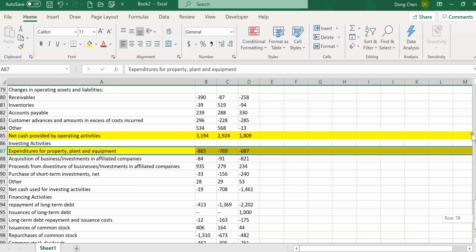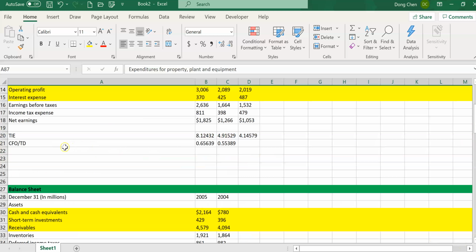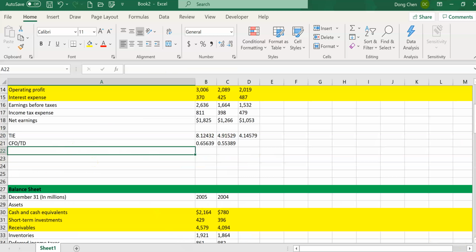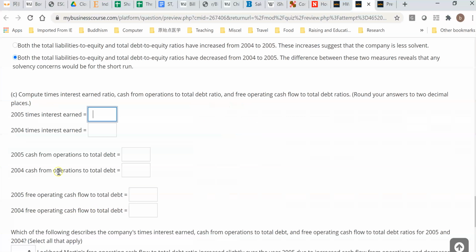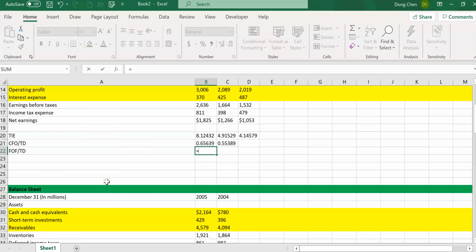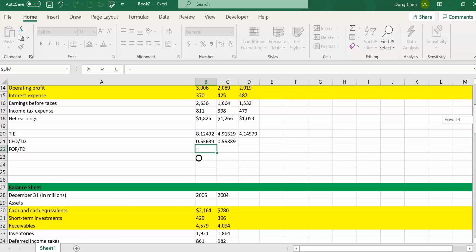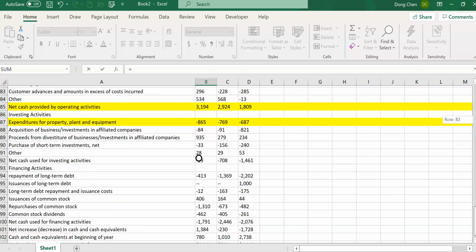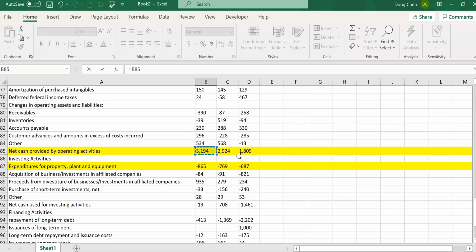Okay, so this is net free operating cash flow to total debt. This is basically the operating cash flow, 3,194.